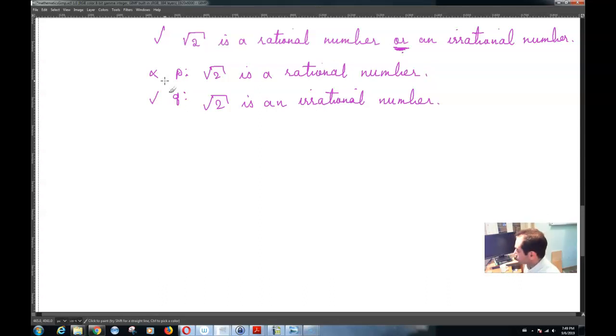The reason why this is an exclusive OR is that both of these cannot be true at the same time. Otherwise, this would be an inclusive OR.